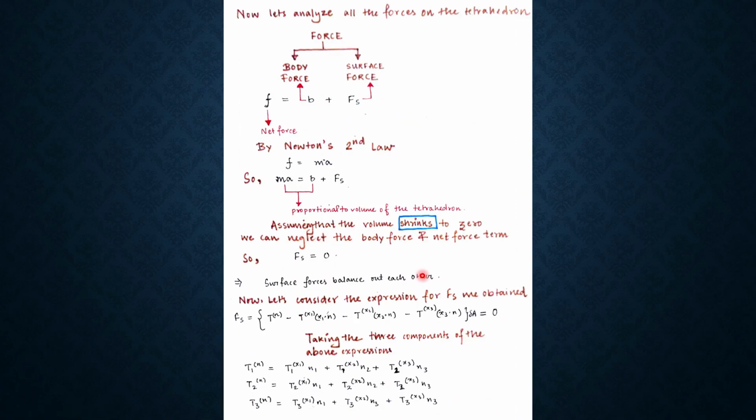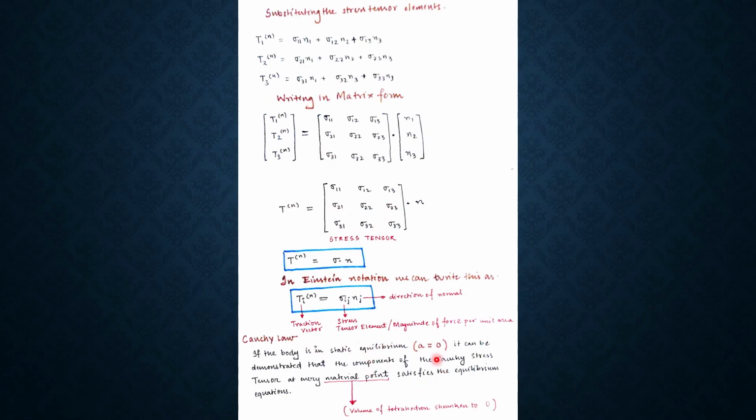That is, the volume has become negligible. So this one gets 0 because of a equals 0, static equilibrium. And b gets to 0 due to negligible volume. That way also, we arrive at the same result, that the net surface force is 0 and the surface forces need to balance out each other. And from then on, this analysis is carried out, and the stress tensor elements would balance and satisfy the equation.